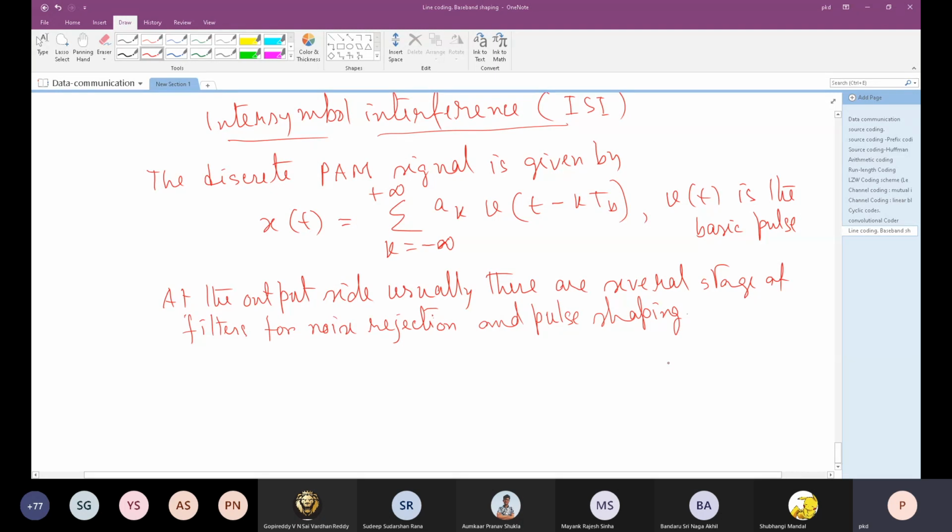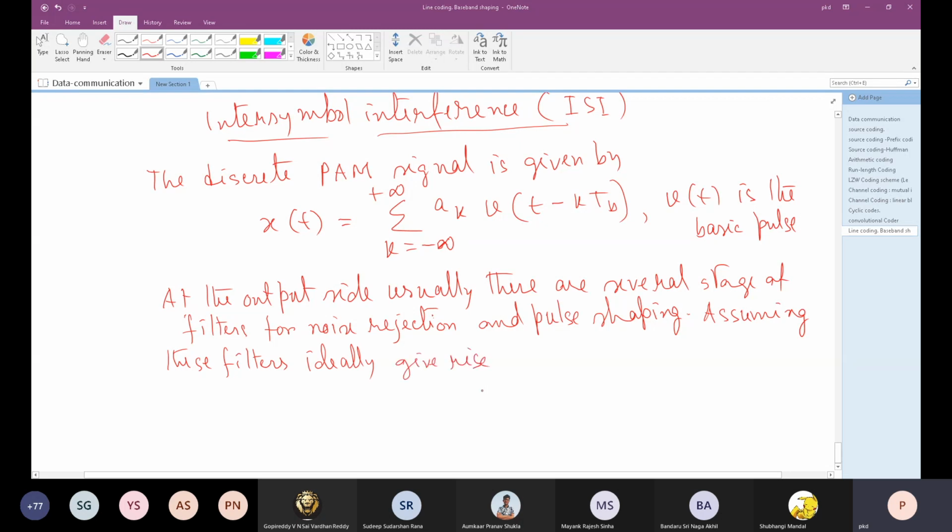Let us take that effect as a scale factor with respect to a_k. Assuming these filters ideally give rise to a scale factor.